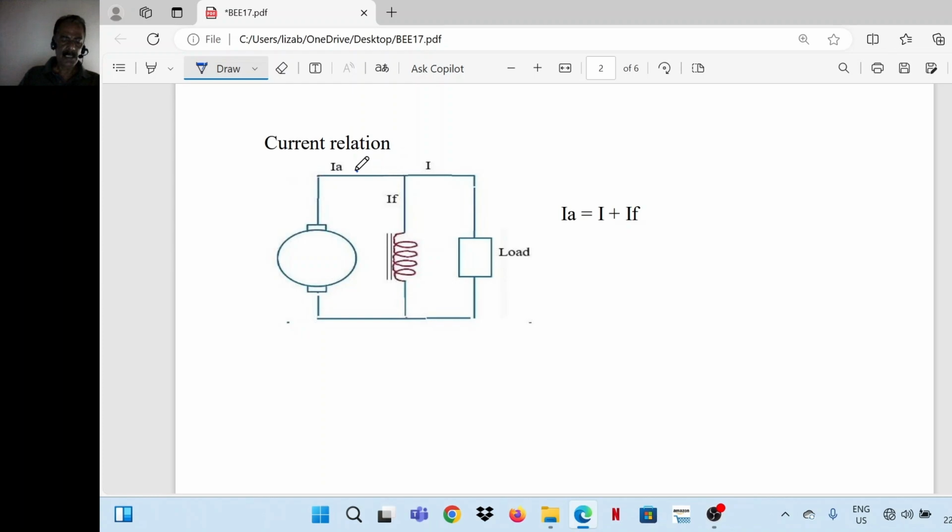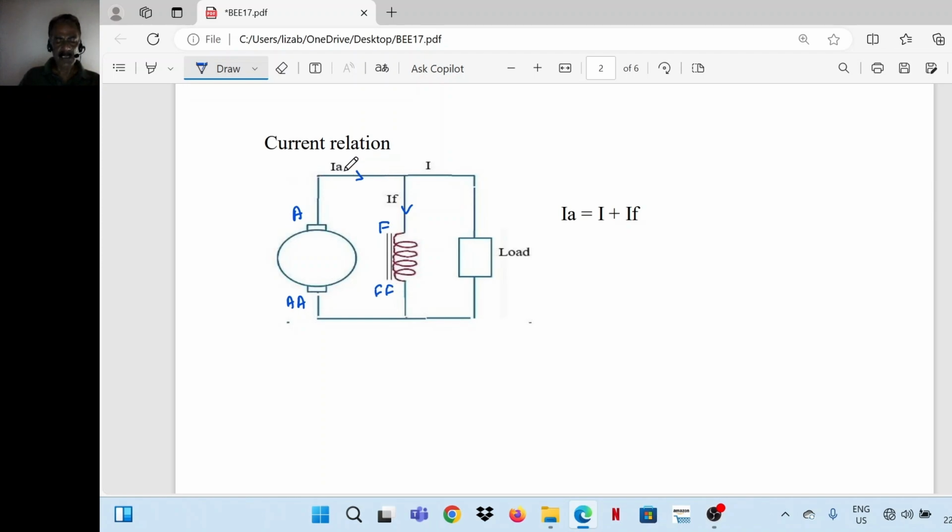Now IA is the total current supplied by the generator or armature, out of which a portion goes to the field winding. A and AA are the terminals of the armature, and F and FF are the field winding terminals.